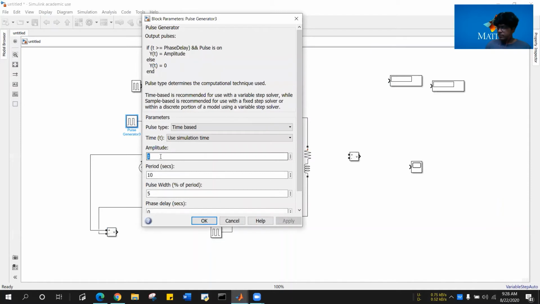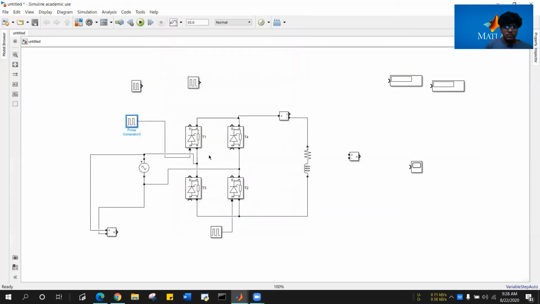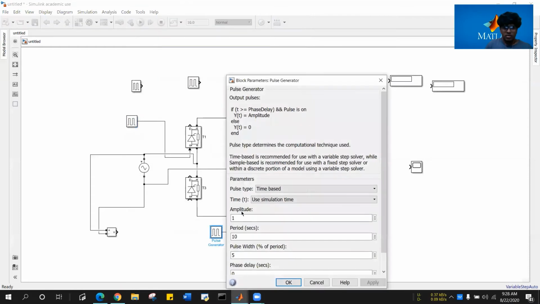I'll keep the amplitude at 30, so 30 cross 0.02 by 360. Thyristor 1 and thyristor 2 are the same.